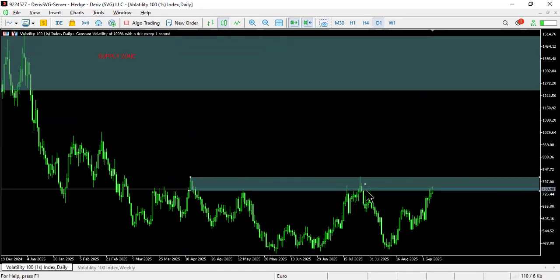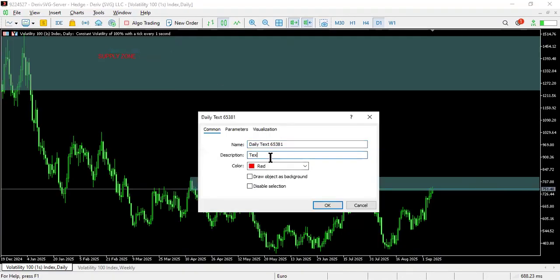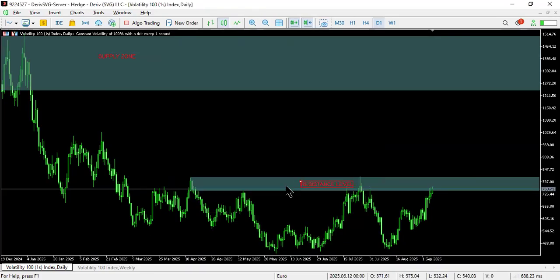That is a resistance level. So this is our resistance level up there.